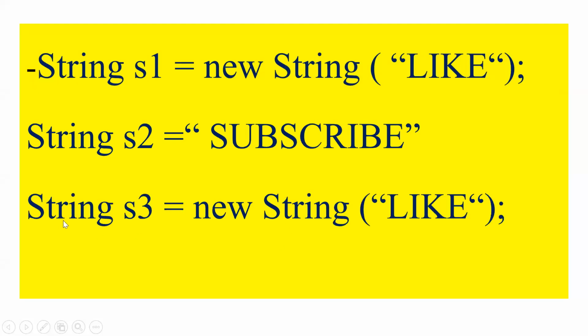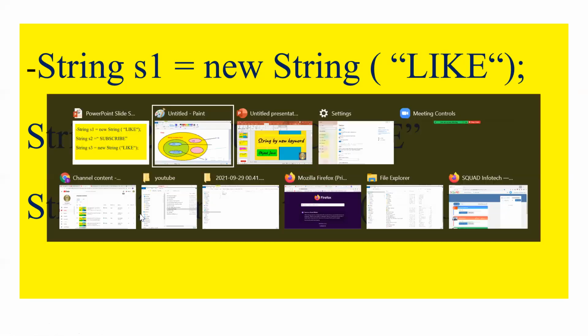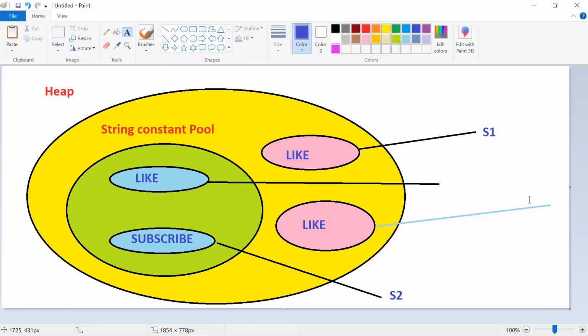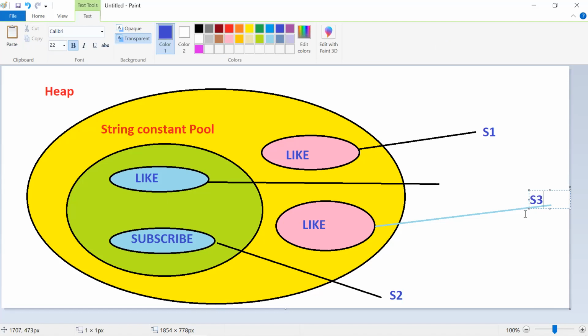Okay, now third, String s3 equal to new String("like"). As we said before, whether the object is present or not in the heap area, that object would be created, and the reference would be passed to it. So like would be created, and the reference s3 would be passed to it.